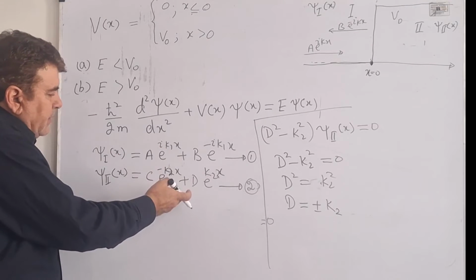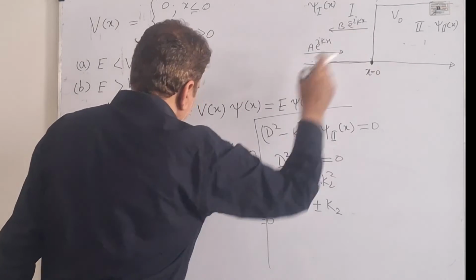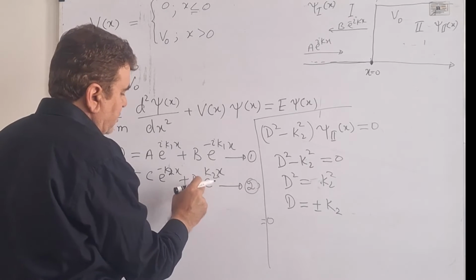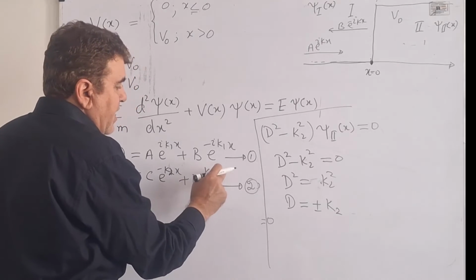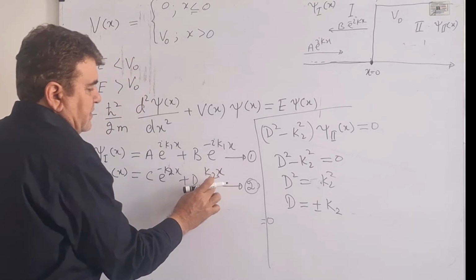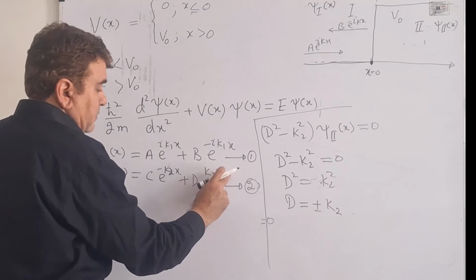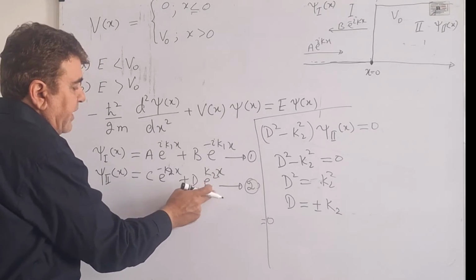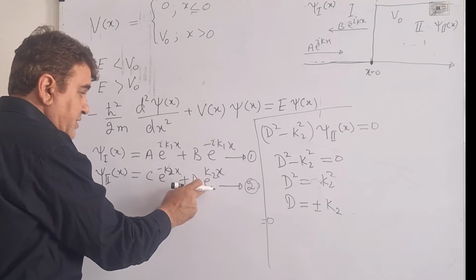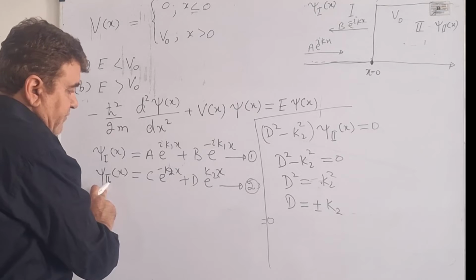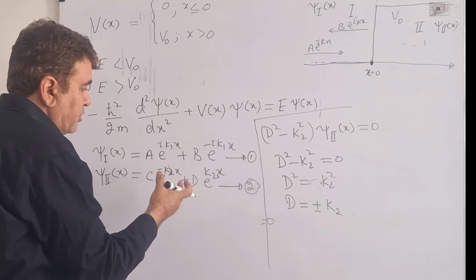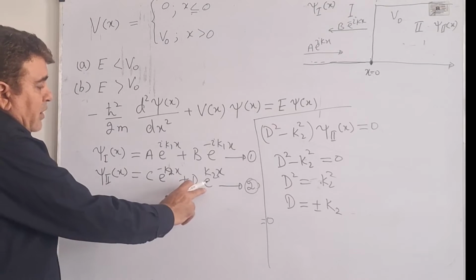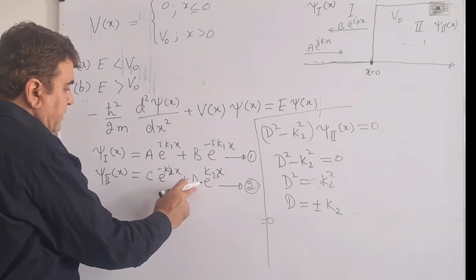Since we are dealing with the second region, this one is one kind of solution, and this is another kind of solution, but here K2 is positive. And as x increases, this term keeps on increasing, and when x tends to infinity, this term diverges. That divergence makes the second solution unphysical, because for physical meaning the solution must be limited and must not diverge. So to make this physical, we set D equal to 0.